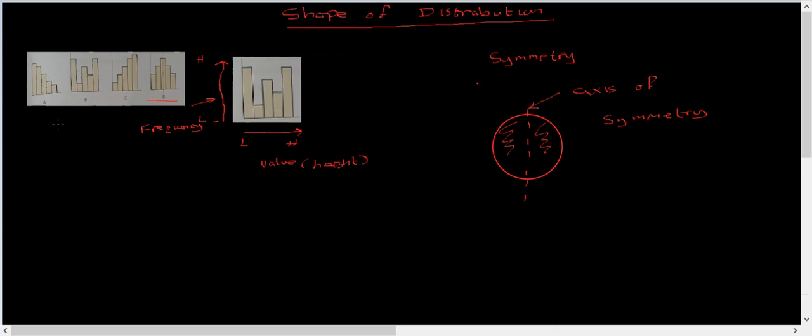Now, if you take, for example, A, B, and C, the data is what's known as skewed in some way.